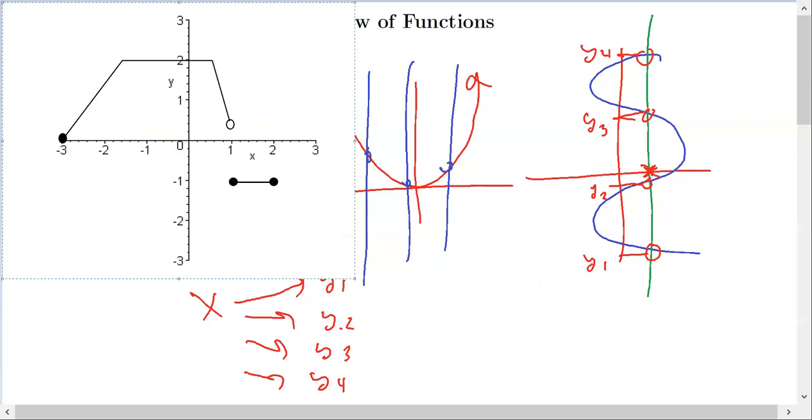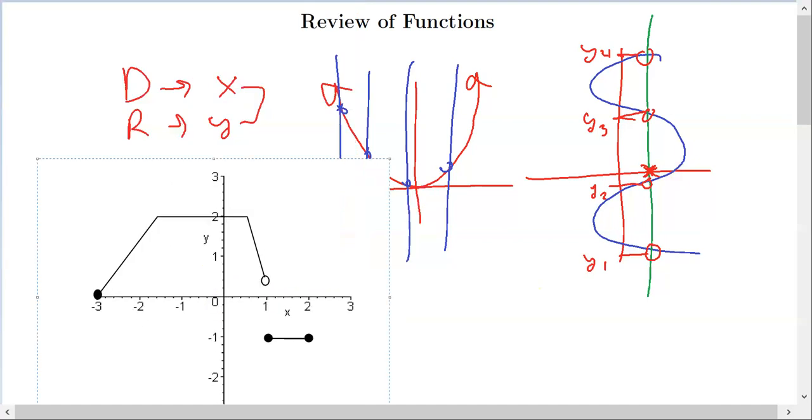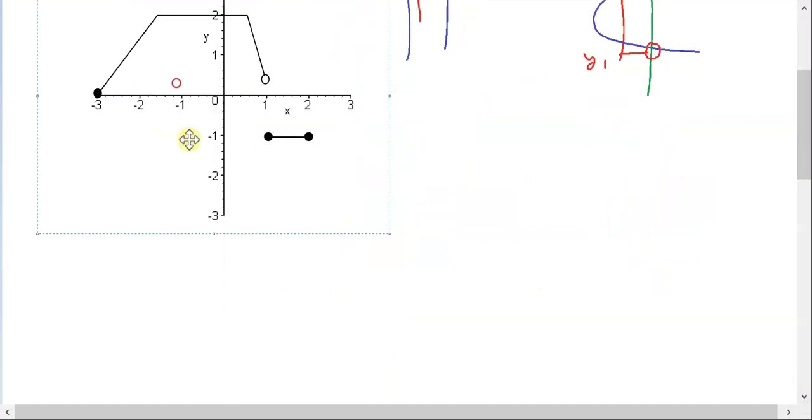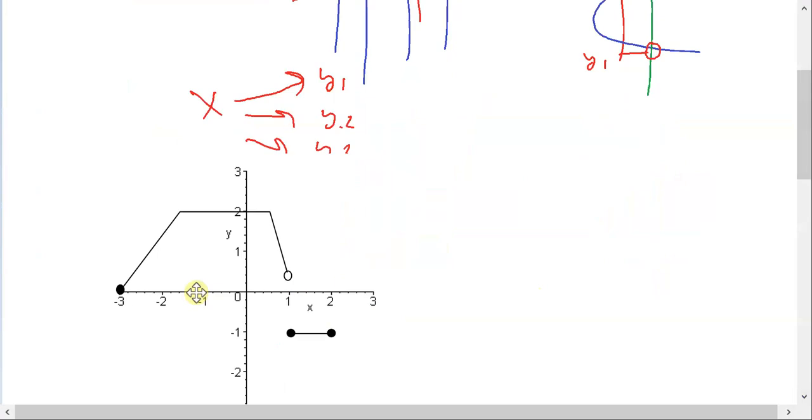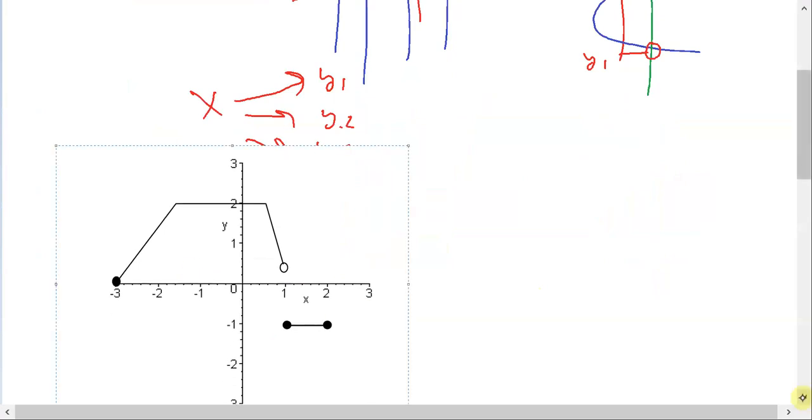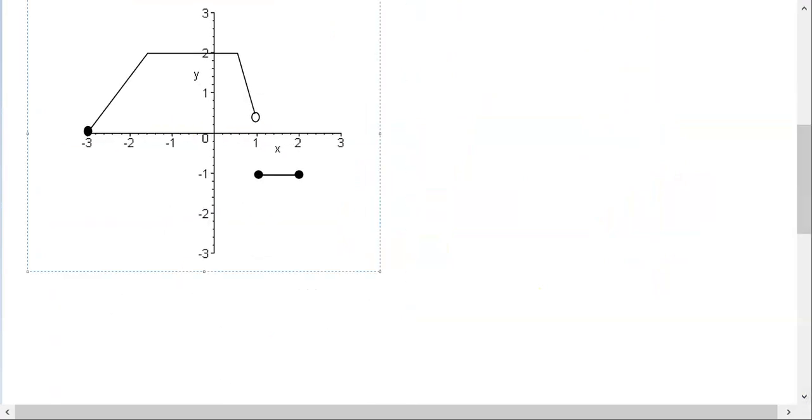So here's an example. Let's take this graph. Let me scroll down just a little, get some room. All right, so I've got this graph, and I want to know, first of all, is this the graph of a function? Well, if I start imagining vertical lines passing through this, it's pretty easy to see for most of these places, yeah, it looks fine.